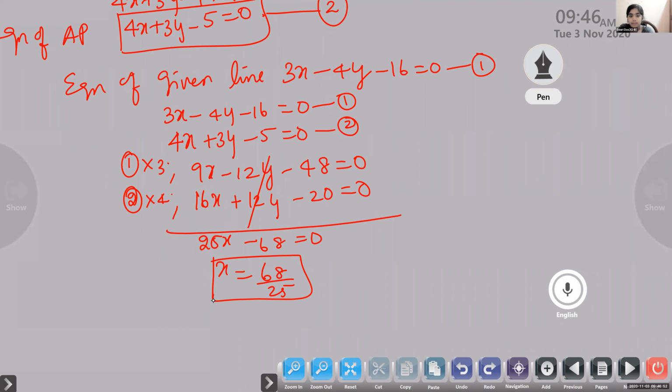Michael? Yes, ma'am. So substitute this x and find out what is y. Michael, what's the value of y? Ma'am, I got 49 by 25. Is y positive or negative? Positive means wrong. Check it again.